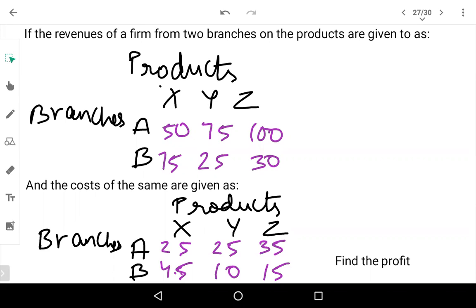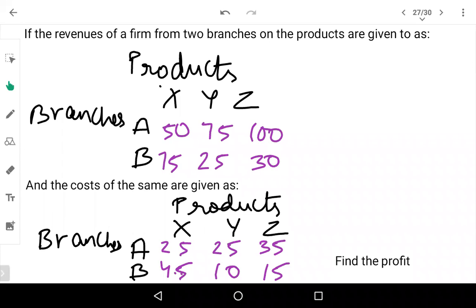So if you see the product and the branches, products are X, Y, Z and there are two branches for that product, and the cost of the same. Here they have given us the income and here they have given us the cost. They're asking us to find the profit.